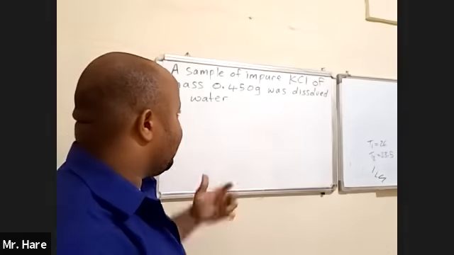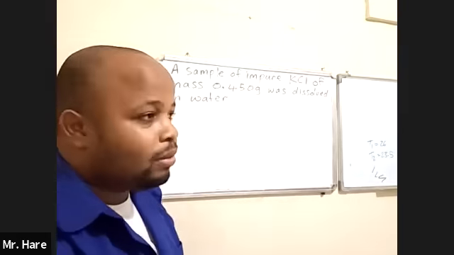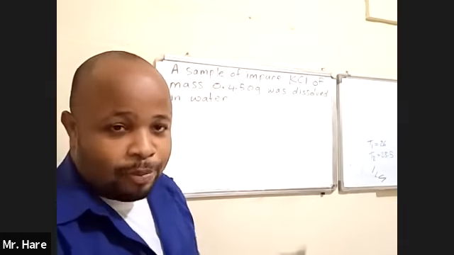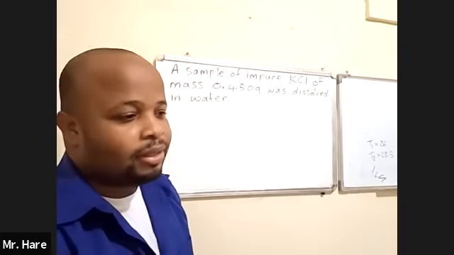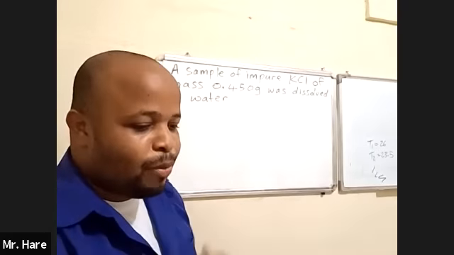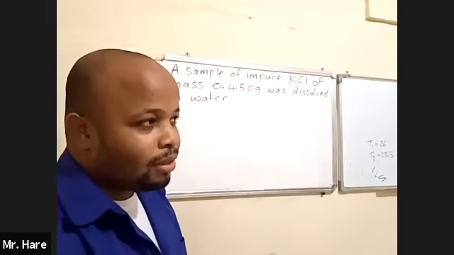So in place of water, what would you have used? What do you know that calcium carbonate would be soluble in? An acid, sir. Or let's say, what would the calcium carbonate react with then? Give me a substance. Hydrochloric acid.